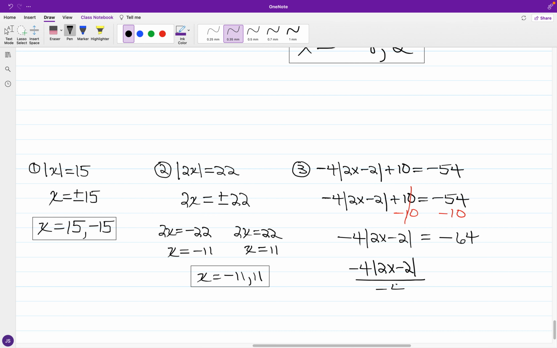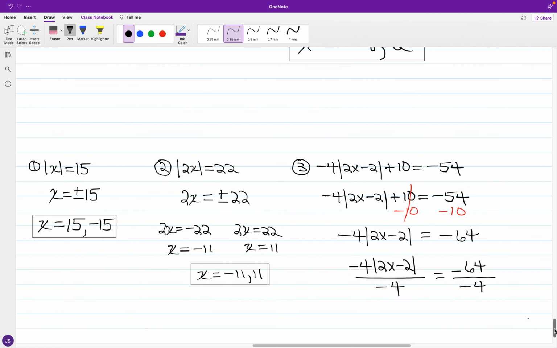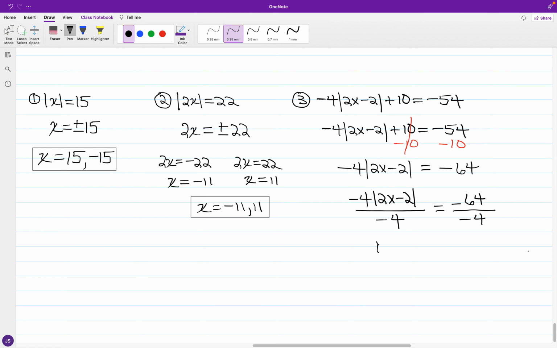Getting the absolute value of 2x minus 2 by itself, we divide by negative 4. So this comes down to the absolute value of 2x minus 2 is equal to 16. Again, removing the absolute value bars, this comes down to 2x minus 2 is equal to plus or minus 16.